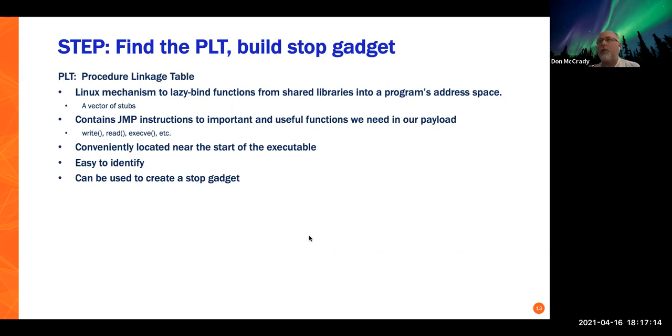And when your program calls printf, well, printf is in libc, which is a shared object that gets loaded in at load time. Your program doesn't know ahead of time where printf is in memory. So all the calls to printf in your program don't go directly to libc.